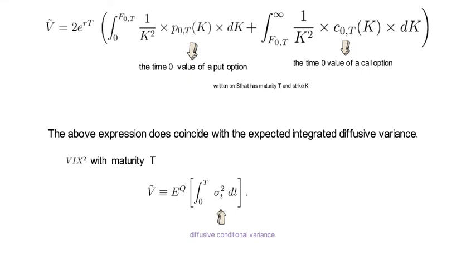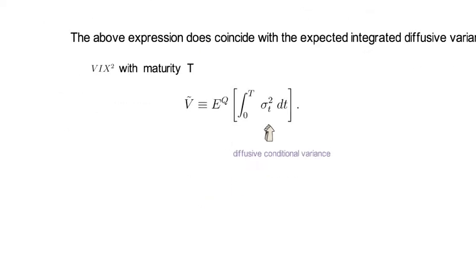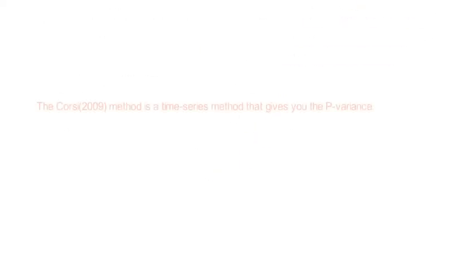If you watched my video on getting the P-variance with the Corsi 2009 method, you would now have two measures at hand for forward-looking integrated diffusive variance. Now the Corsi method is a time series method that gives you the P-variance.